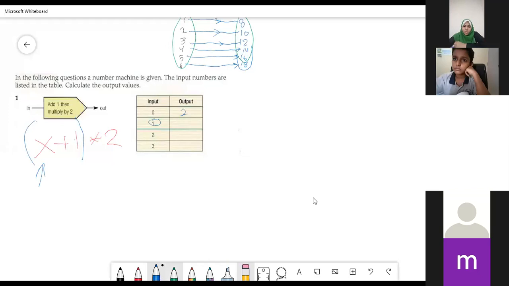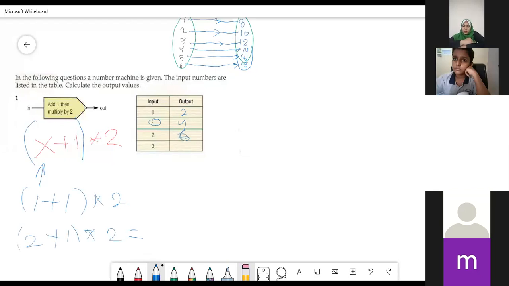It will be 4. Why? Because 1 plus 1 is 2, and 2 times 2 is 4. What will be the output if the input is 2? 6. Why? 2 plus 1 is 3, and 3 times 2 is 6.